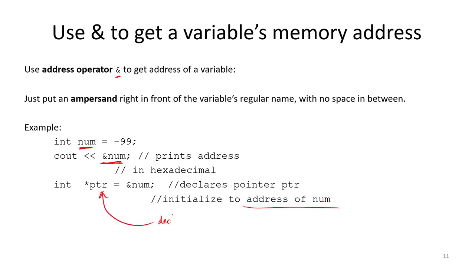This will declare a pointer ptr and initialize it to store num's memory address. So we'll use the ampersand a lot when we are initializing our pointers to point at different things.